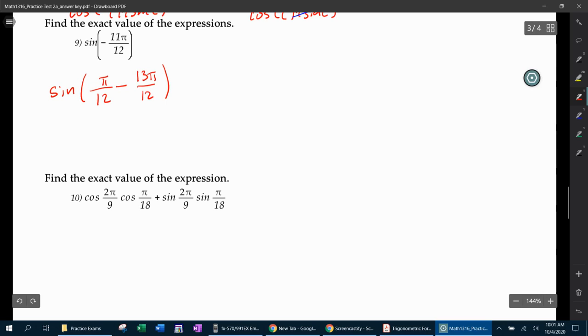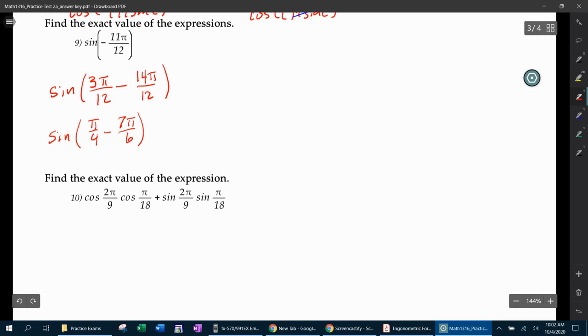So let's kick this up one. Instead of 2, let's say 3 pi over 12 minus 14 pi over 12. That makes negative 11 pi over 12. And 3/12 is a fourth. And 14 over 12 reduces to 7/6.